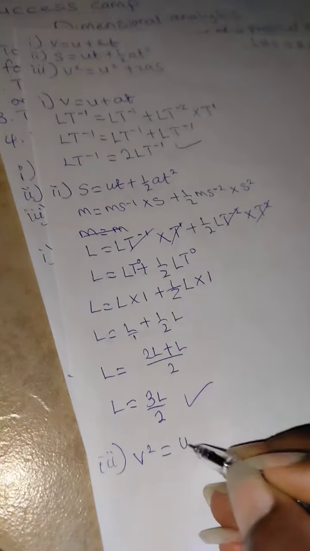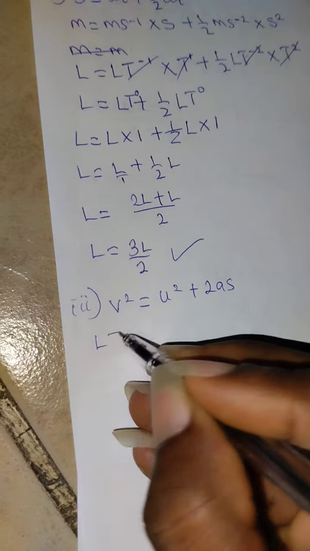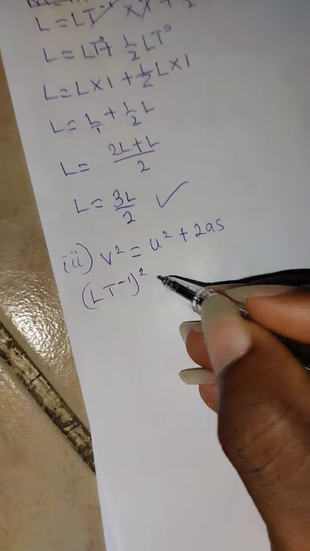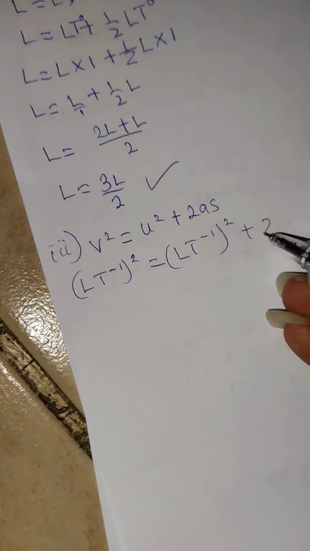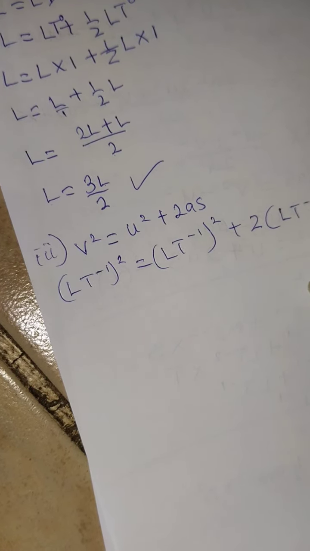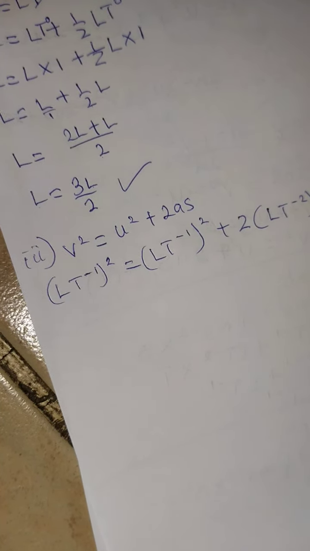The last one, which is v squared equals u squared plus 2as. So I'll just move straight to the dimension so that I don't waste time. The dimension of v squared is (LT^-1) squared, because it's v squared, so you just square everything, equals (LT^-1) squared plus 2 times LT^-2 times, and what is my distance?